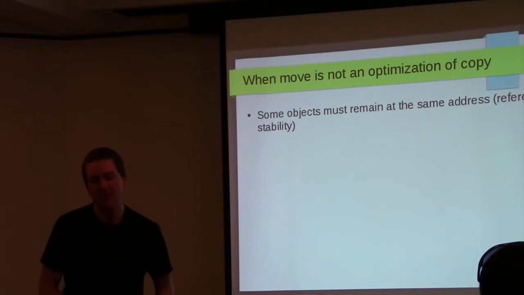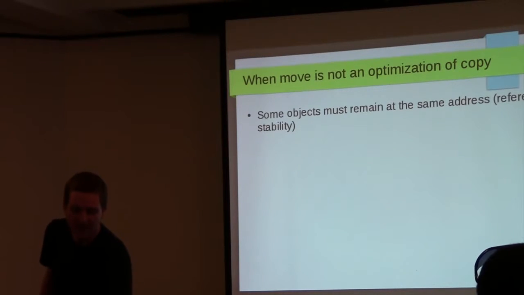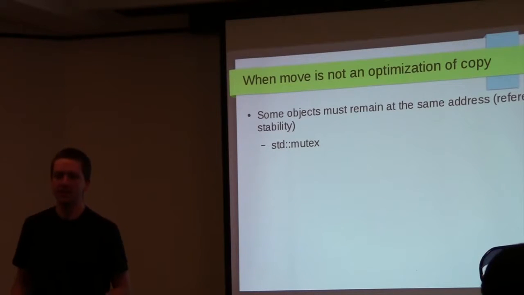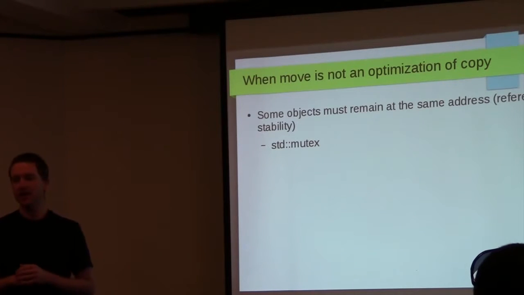The reason for that is because some objects have to remain at the same address. It's also referred to as reference stability. An example of this would be standard mutex. Standard mutex is not movable, but you can have a unique pointer to a mutex. You can move that handle around and still have the mutex operate and lock things.